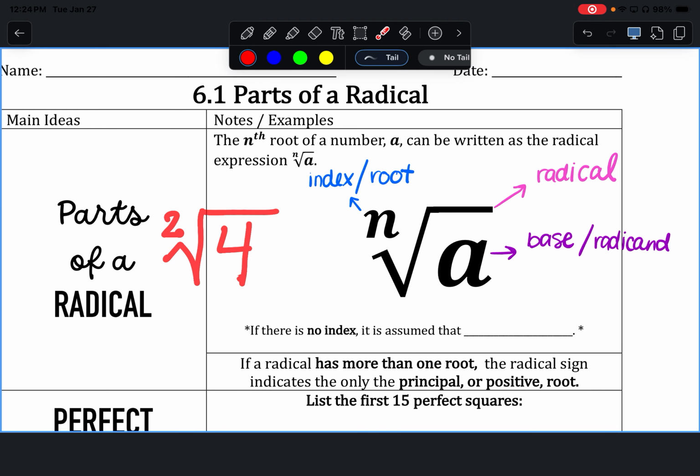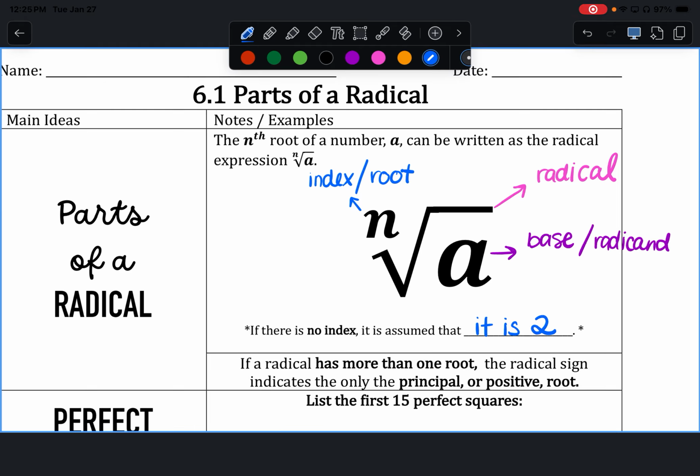If there is no index, it's understood to be 2, because the square root is the most common radical we're going to see.